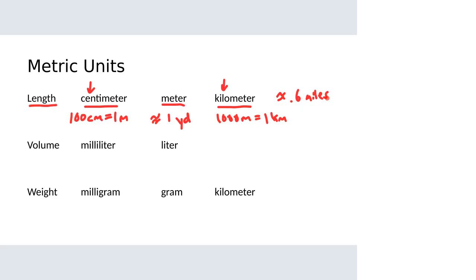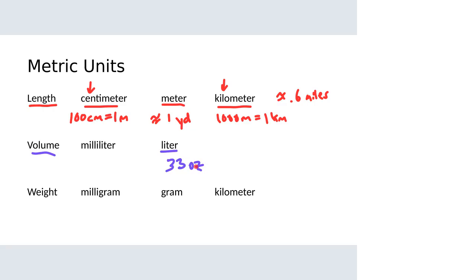Up next, we'll talk about volume, which is how much stuff can fit inside something. And one of the ways volume is discussed is in terms of liquids, and the standard unit is a liter. And a liter is about 33 ounces.